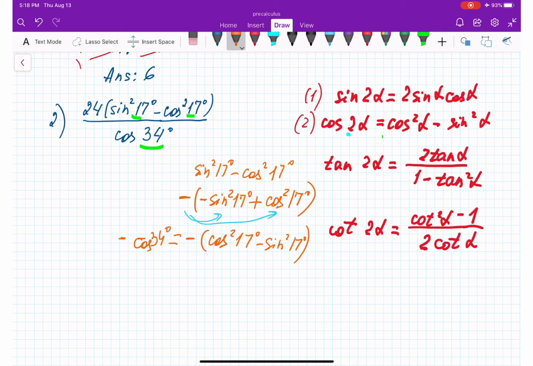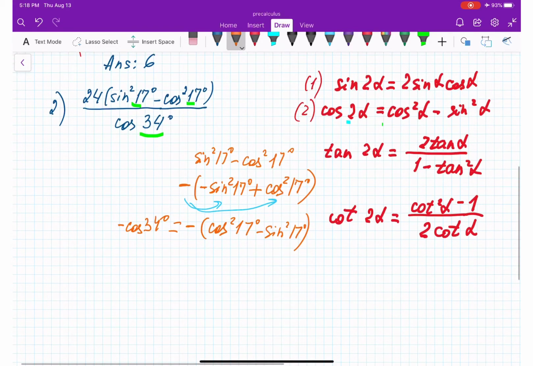Because we have here 2 alpha, twice 17 will be 34. Let me rewrite so it would be readable. Cosine 34 degrees.